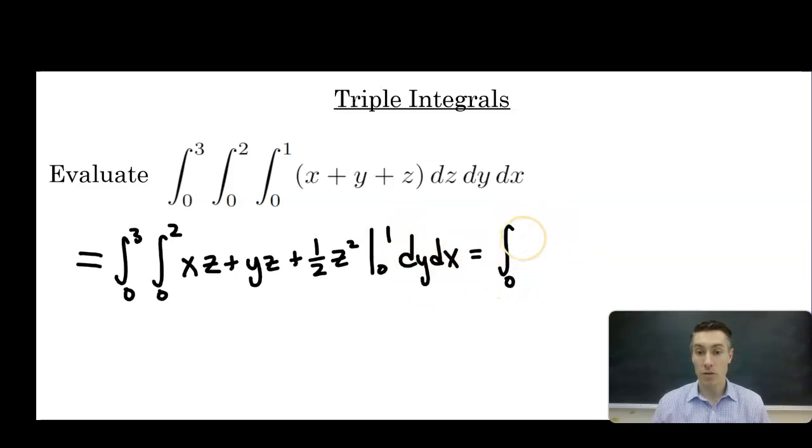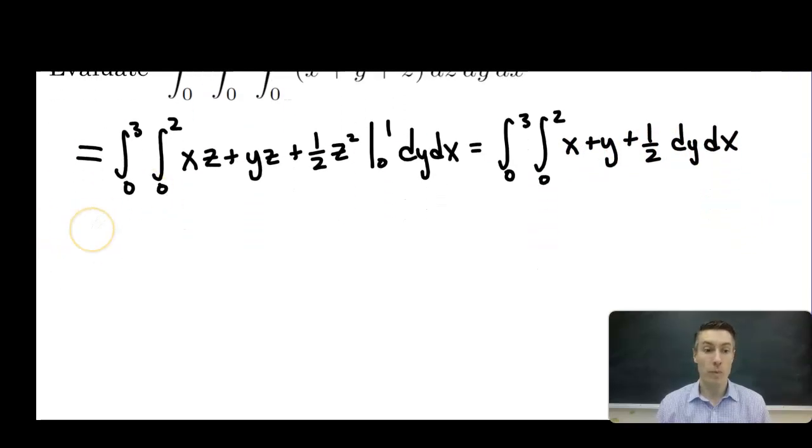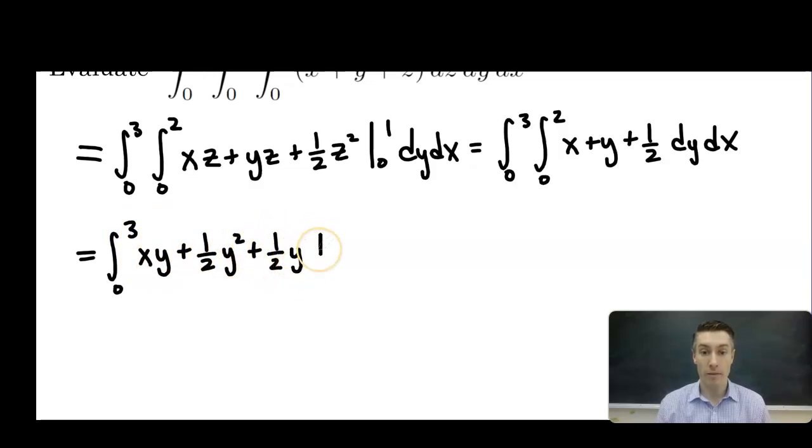So we get the integral from 0 to 3, integral from 0 to 2 of x plus y plus 1/2 dy dx. Now we integrate with respect to y. So integral from 0 to 3 of xy plus 1/2 y squared plus 1/2 y.